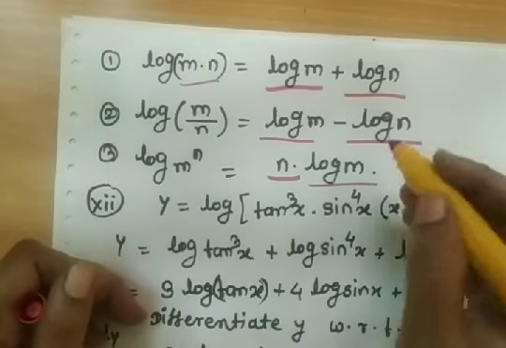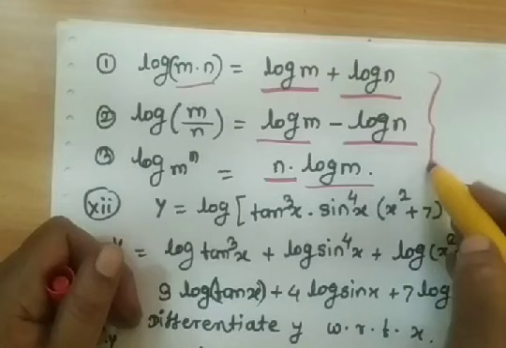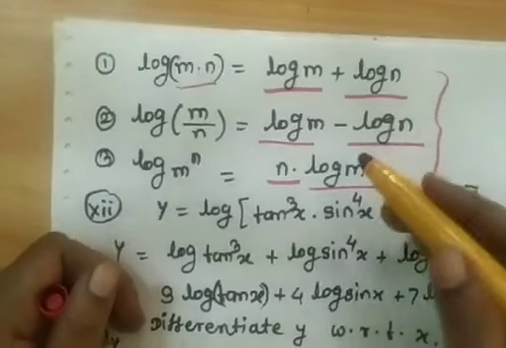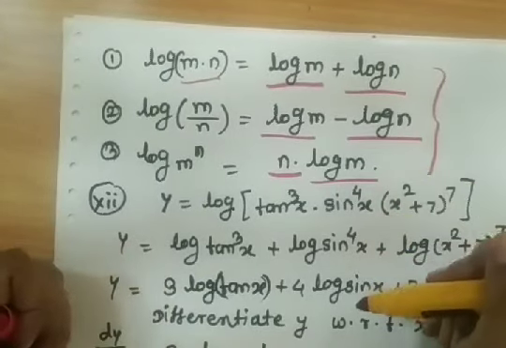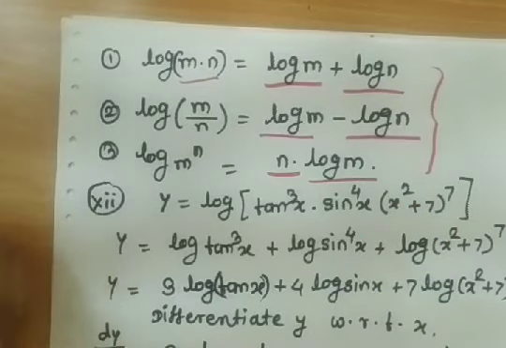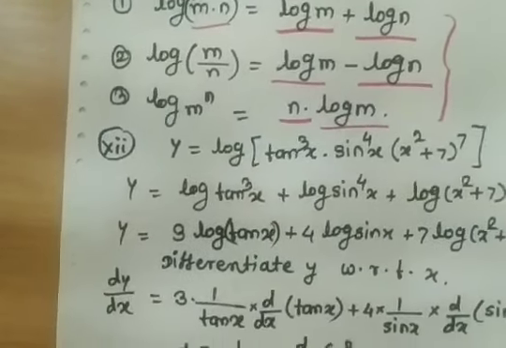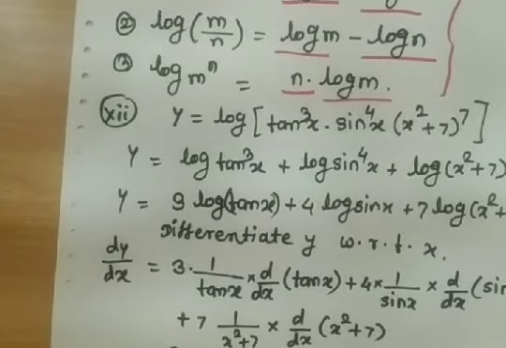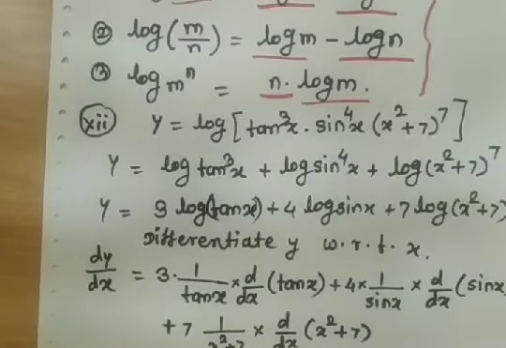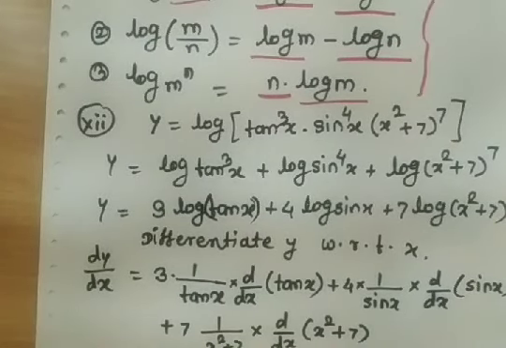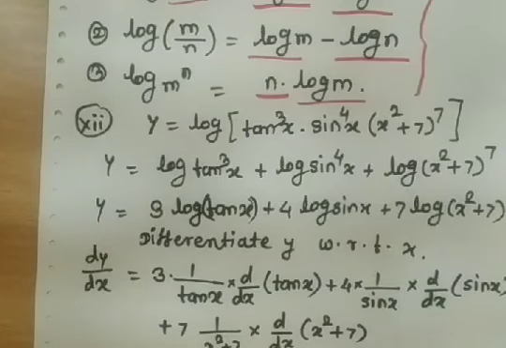First, learn and study these laws of the logarithms, and we have to solve the 12th example of exercise number 1.1, from question number 3. Let us take question number 12: y is equal to log of tan cube of x into sin raised to 4 of x into (x square plus 1) bracket raised to 7.